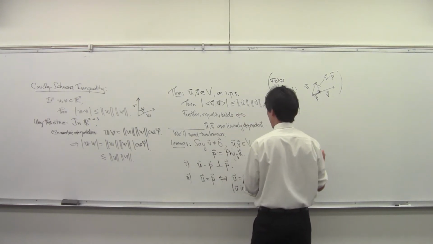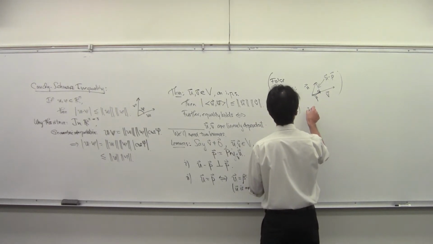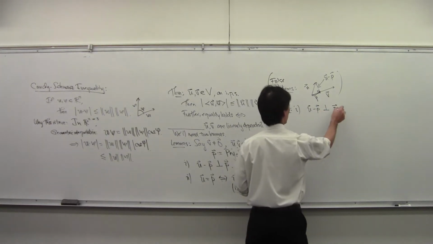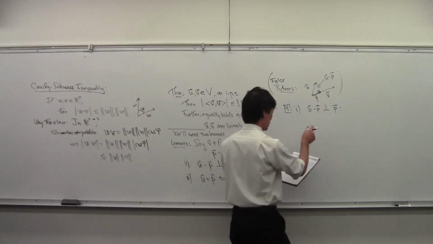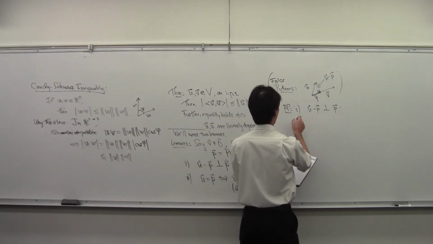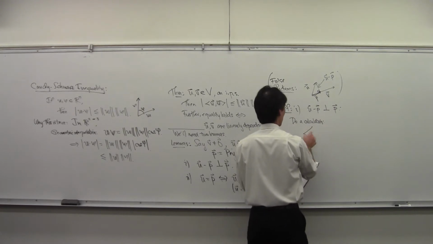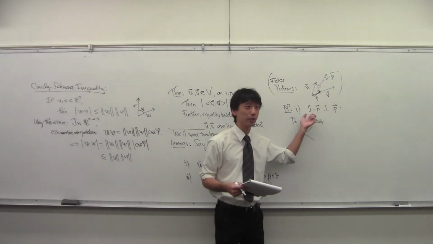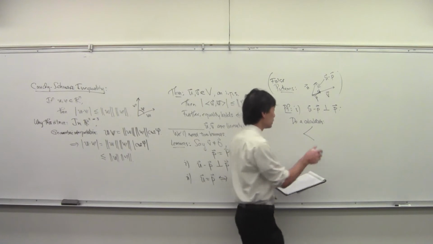Okay, so let's do the proof. The first part, we want to see that U minus P is perpendicular to P. Well, this is just a calculation. To show these guys are perpendicular, we need to show that the inner product is 0. That's what perpendicular means. So we do the calculation.